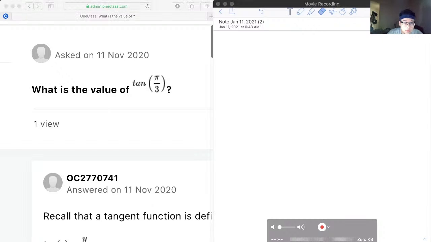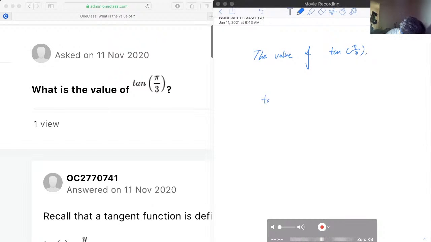Okay, so the first question is asking to find the value of tangent pi over 3. First thing we need to do is, we know pi over 3 is just 60 degrees, right?